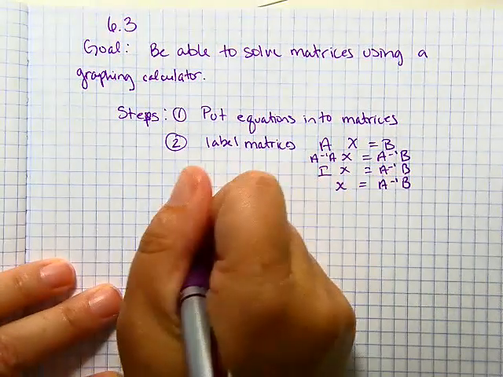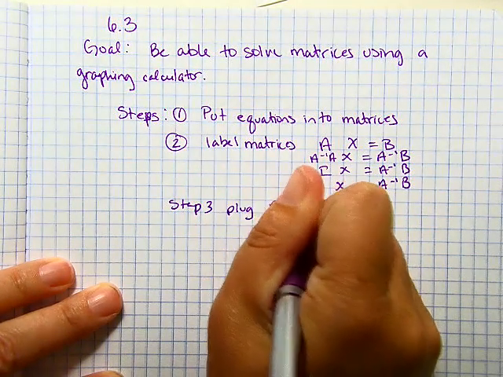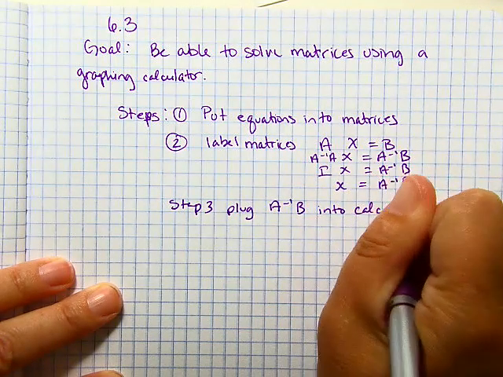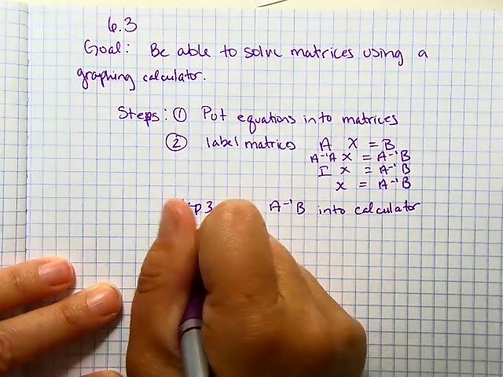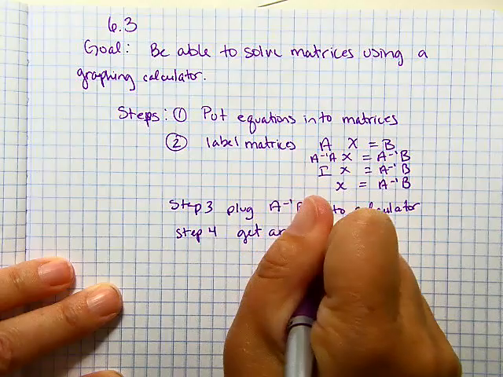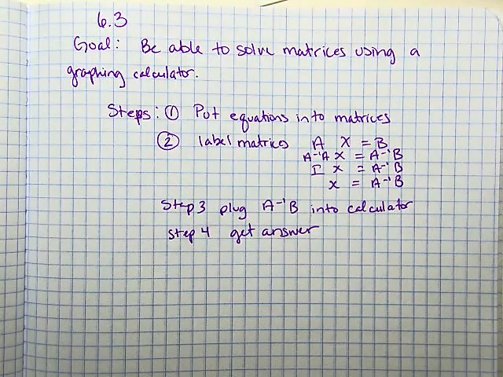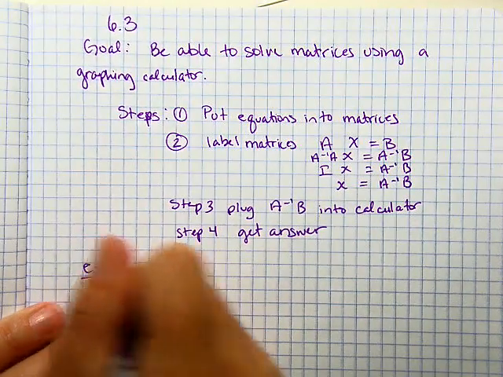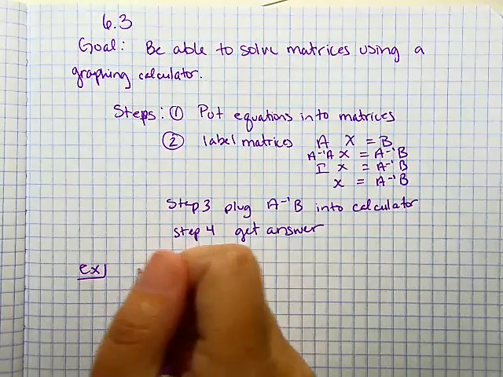So step 3, calculator, and then step 4, you'll get an answer. So I will go through the process of doing one. And matrices make solving systems of equations so easy, it's ridiculous.